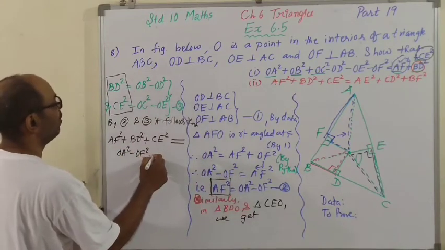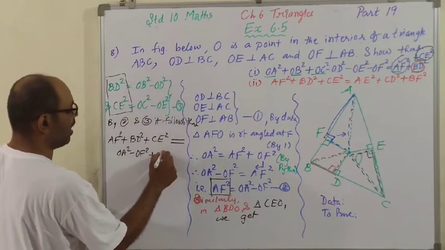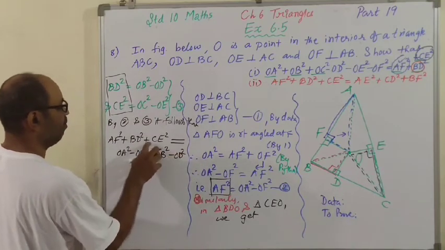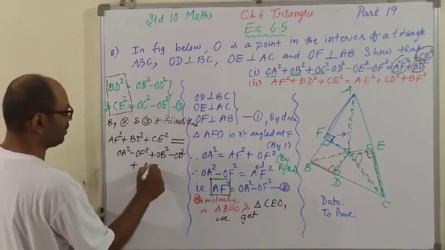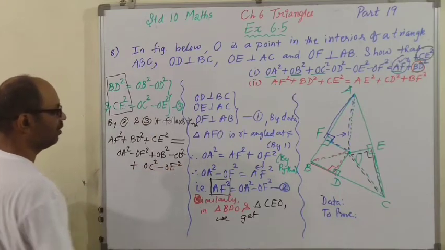Right hand side plus OB square minus OD square plus CE square OC square minus OE square.